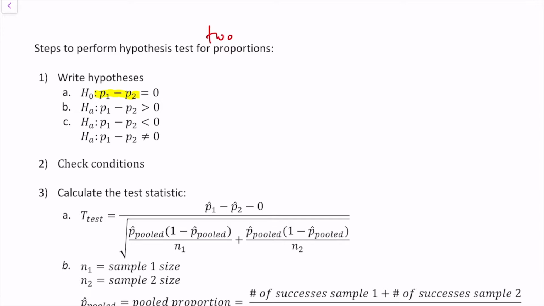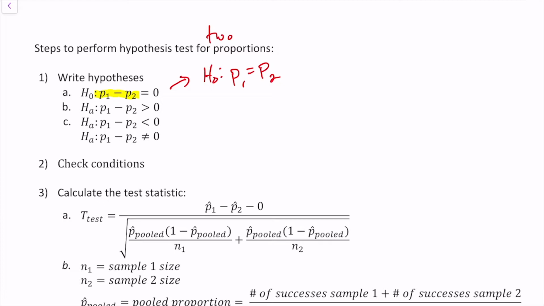And I'll tell you this, guys, sometimes you'll notice that instead of writing it as p1 minus p2 equals 0, if I add p2 to both sides, sometimes you'll see the null hypothesis written as p1 equals p2. And that's the same thing. So I just want you guys to be aware, if you're using other software or other technology, you may see it written in that form.